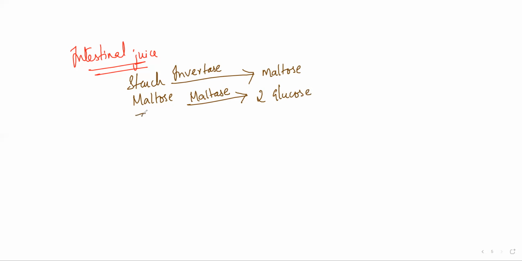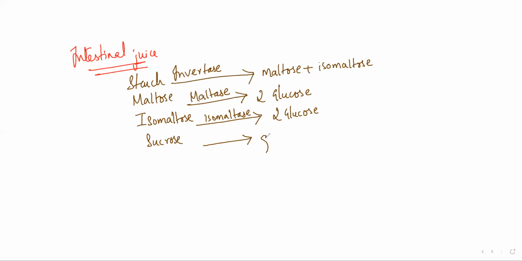And along with this we can even see the production of isomaltose. The isomaltose will be converted into glucose again by the isomaltase enzyme, which converts it into two glucoses. And we can even see the presence of dextrinases also, which convert the dextrins into glucoses. We have sucrose, which is converted into glucose and fructose.